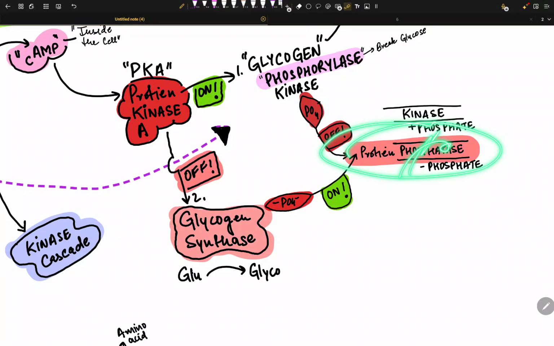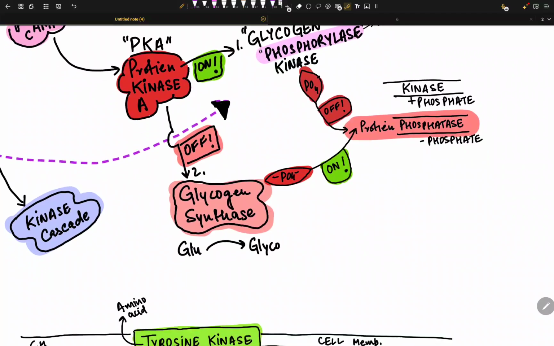Once active, it removes the phosphate from glycogen synthase that was put on by Mr. Protein Kinase A. So glycogen synthase becomes active and starts producing glycogen. Glucose becomes glycogen, and that's how the blood glucose falls.